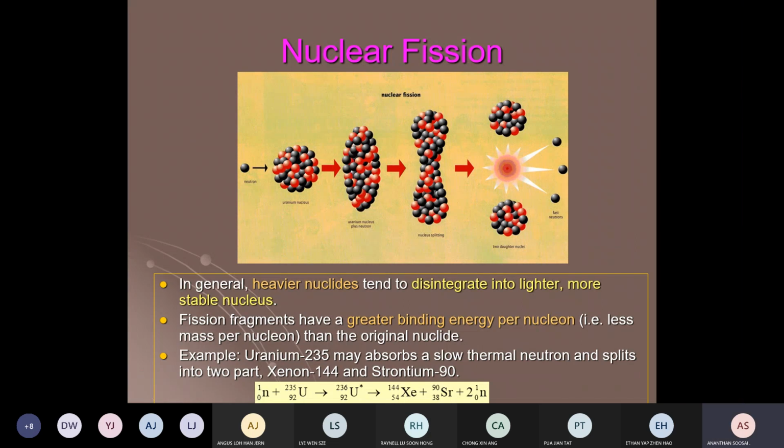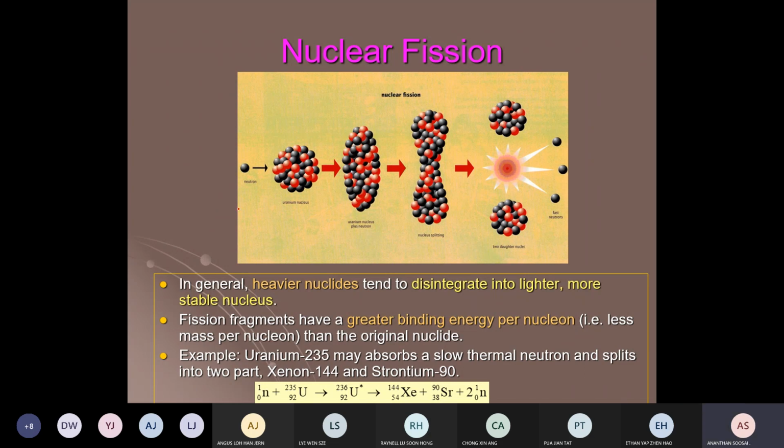Okay, so this is of course fission. You can see the diagram. A neutron is bombarded into uranium, and uranium becomes unstable, and splitting happens. It splits into two smaller nuclei and releases energy with 3 neutrons. You know this, right? Chain reaction.